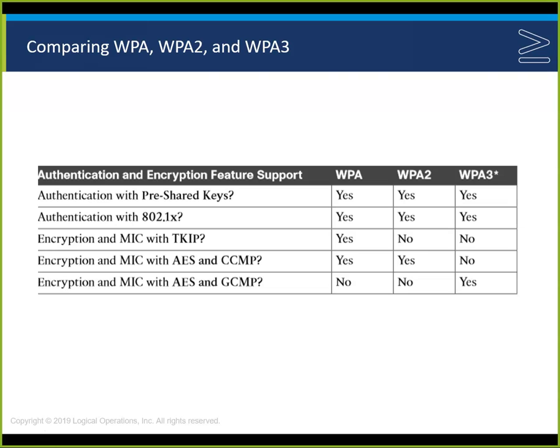It was designed as a temporary measure to strengthen WEP until WPA could be completed, and we could use it. Encryption and MIC with AES, we get yes for WPA and WPA2, and then encryption with AES GCMP, the Galois Counter Mode, is a yes with WPA3.